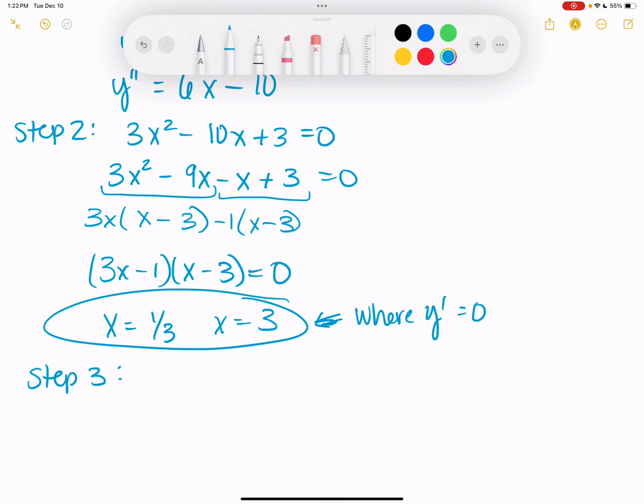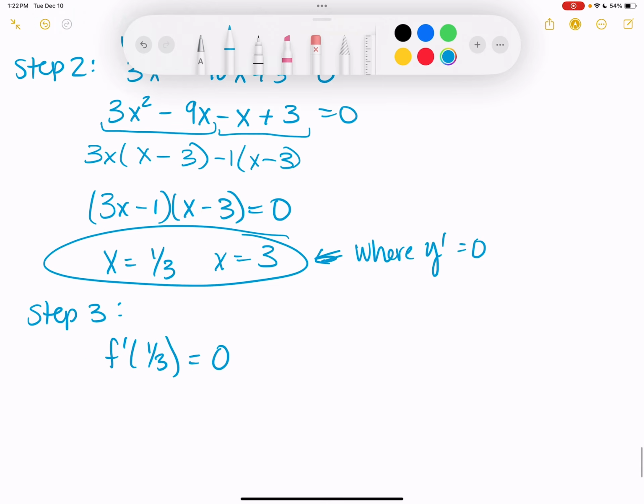So basically, I'm going to say f prime of 1/3 is equal to 0. So I want to know what f double prime of 1/3 is. If I plug in 1/3, I'll have 6 times 1/3 minus 10, which is -8.